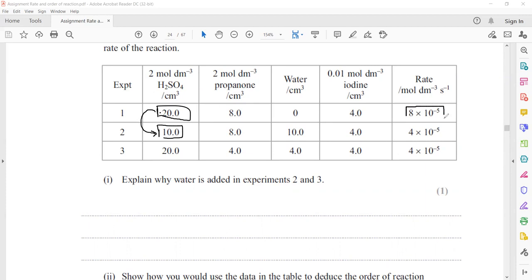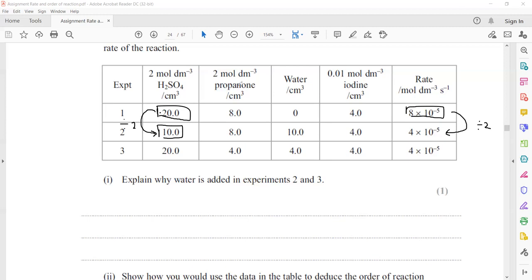Originally the rate was 8 exponent minus 5, then it became half of it, because here the volume is half, so the rate is also half.